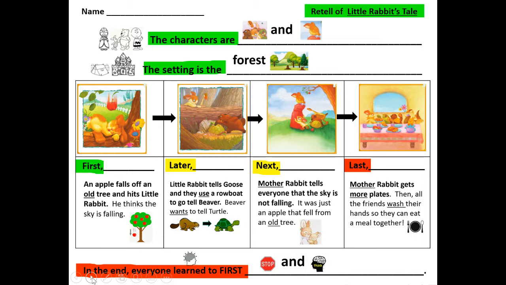He just thought the sky was falling when the apple hit him, but he should have taken the time to stop and think and say, the sky isn't falling, and look around and see the apple. His friends should have also stopped and thought about what Little Rabbit was telling them.